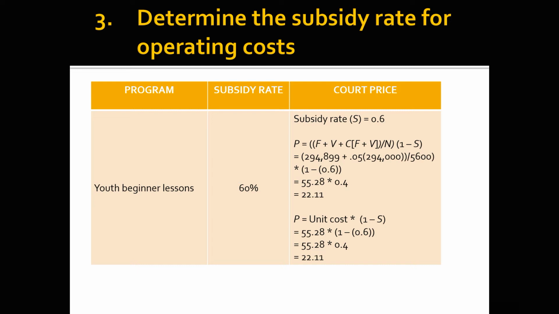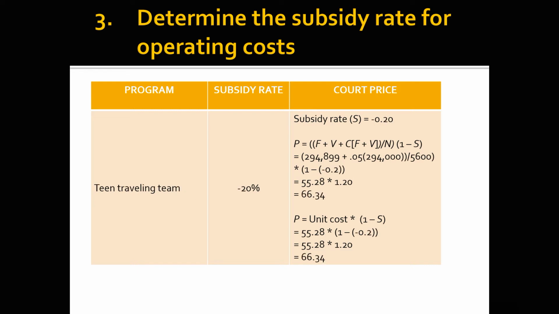So therefore it's 1 minus 0.6, which is 0.4. Multiply those together and I get $22.11. So I'm going to charge each of the youth at least $22.11 for a 60% subsidy rate court cost.